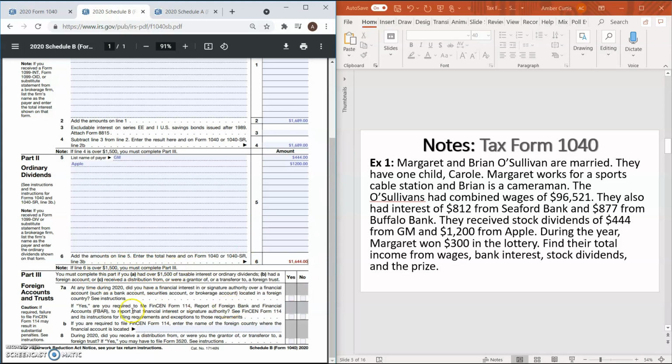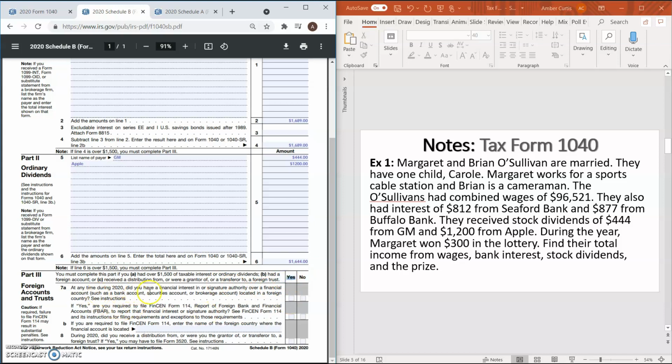So that's also true. You must complete this part if you had over $1,500 in taxable interest or ordinary dividends, or had a foreign account or received a distribution from a foreign trust. So yes, this is the case.